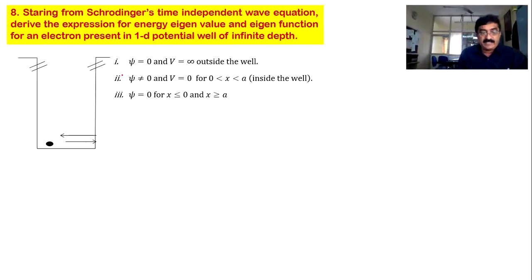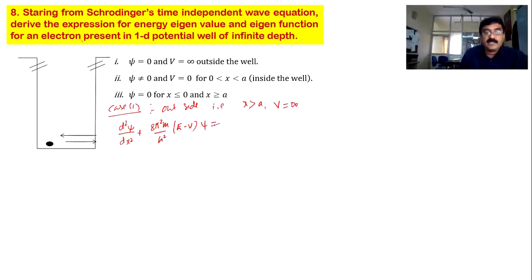First, case 1. Case 1 is outside the well, that is when x is greater than a, definitely V equals infinity. Whenever you write a condition, you have to consider the Schrodinger wave equation, that is d square psi by dx square plus 8 pi square m by h square into (E minus V) into psi equal to 0.